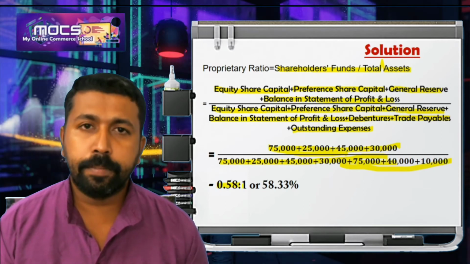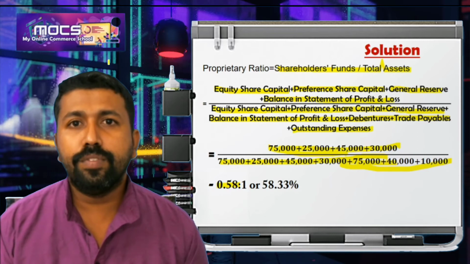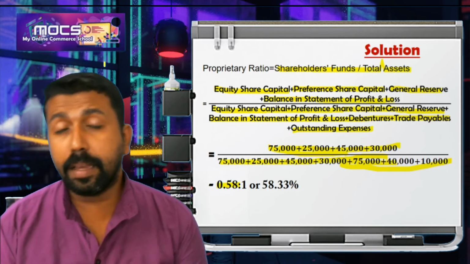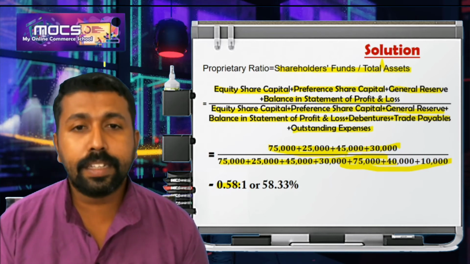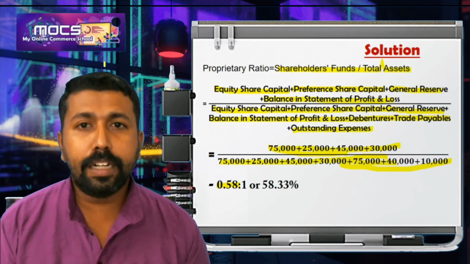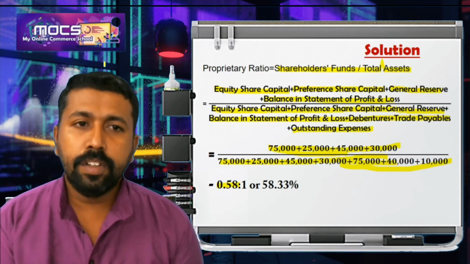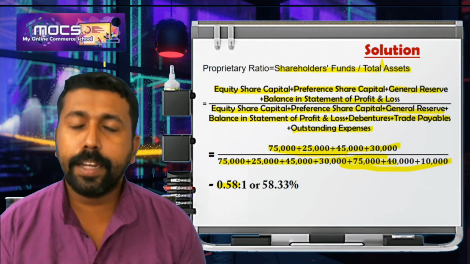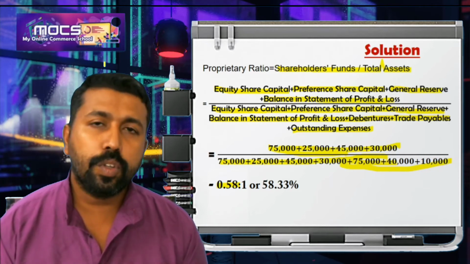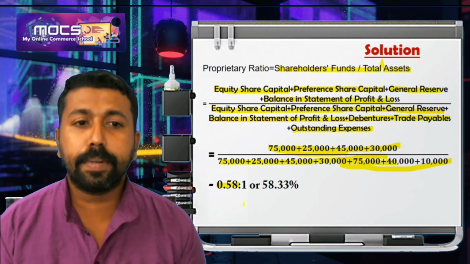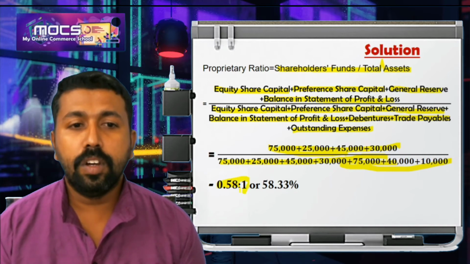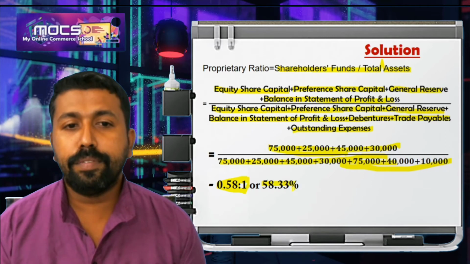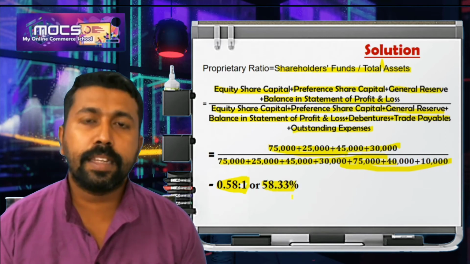0.58 is to 1. Sometimes if we want to represent the ratio in percentage, we can multiply that value with 100. So we can change the equation shareholders fund divided by total asset into 100. So the ratio can be expressed in the form of a proportion like 0.58 is to 1 or as a percentage, 58.33.